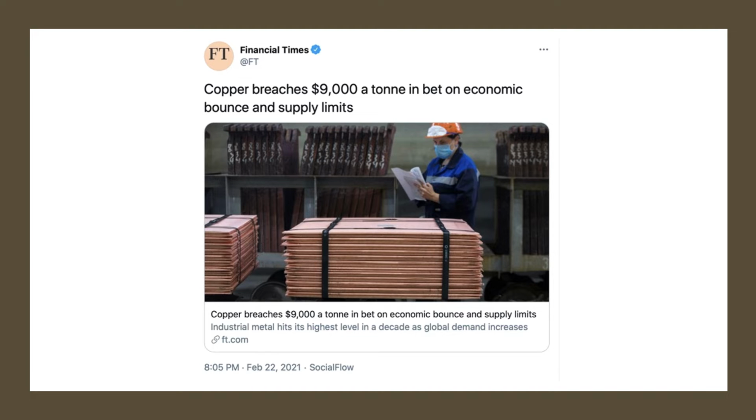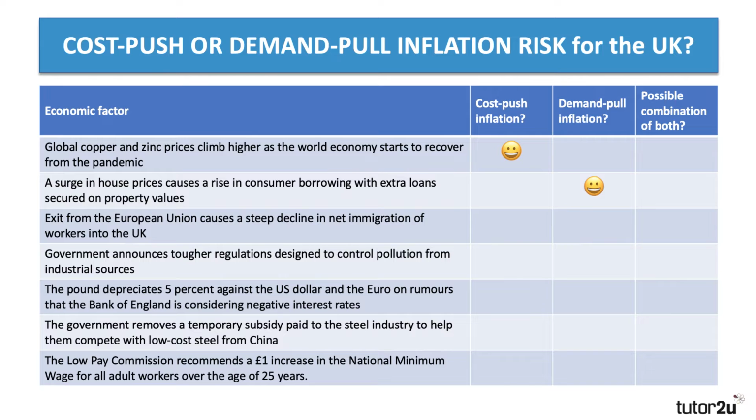What did you put for the second one? Surge in house prices causes an increase in consumer borrowing with extra loans secured on property. Most likely, I think, to be demand pull inflation. Yes, it could lead to increased wages and increased raw material prices in the construction sector, especially if more homes are being built.